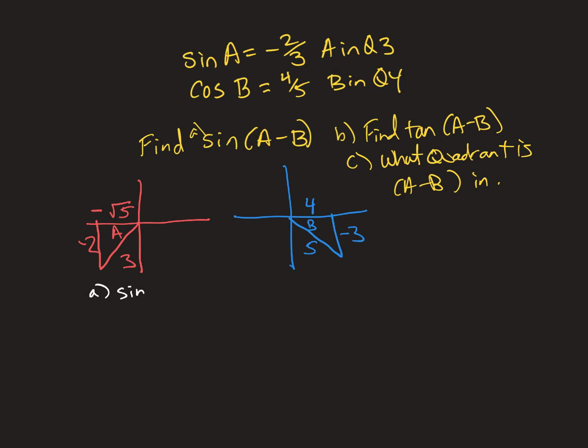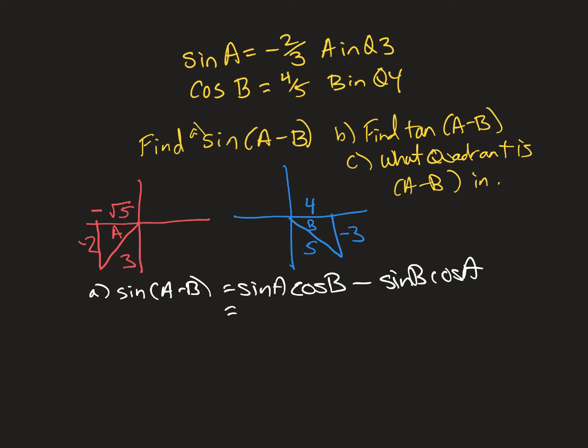So sine of A minus B is sine A cosine B minus sine B cosine A. All right, so we're going to use our triangles to figure this out.